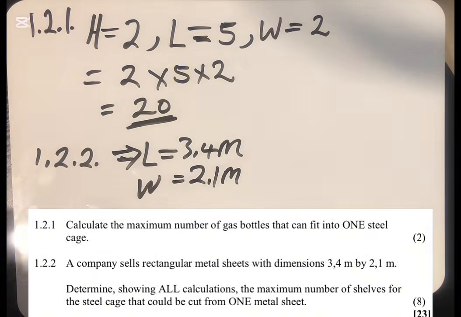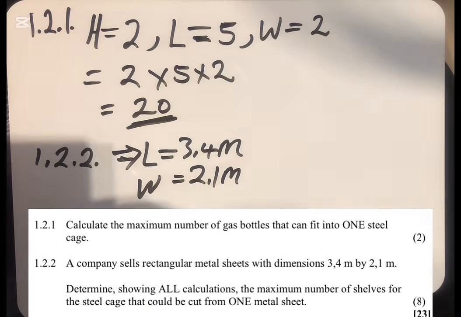So they've given us that. And then determine, showing all calculations, the maximum number of shelves for the steel cage that could be cut from one metal sheet.